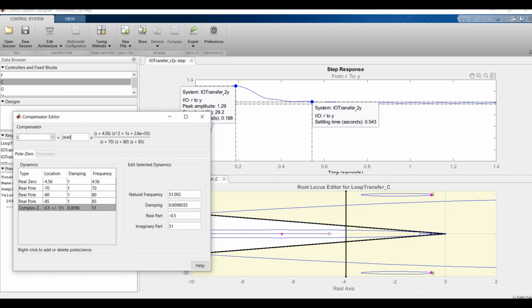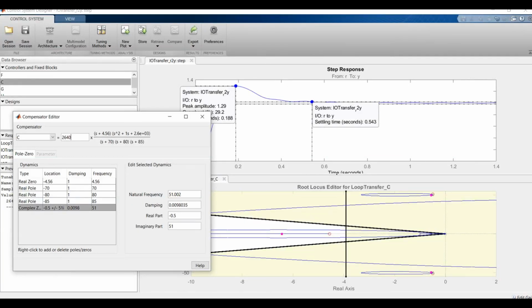The overshoot is below 30%, and the settling time is 0.54 seconds. If you look at the Root-Locus plot of the system, you can see that those two poles that we had, which were creating the high frequency oscillations, are nearby zeros, and those zeros are canceling the effect of those poles.